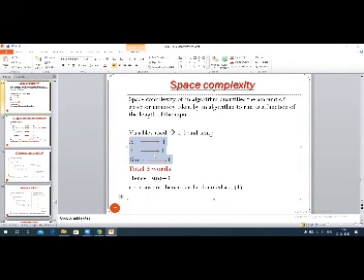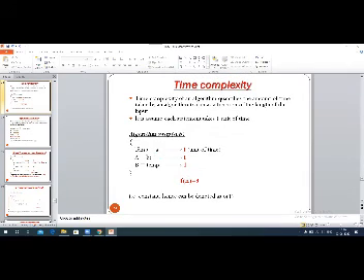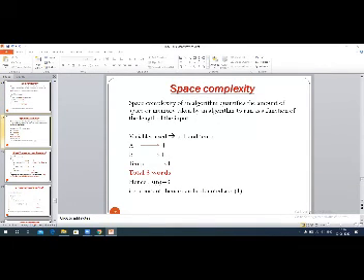That is the swapping function we had seen here. Here we are taking a temp variable, then a variable, and then b variable. So 3 variables we are using here. Considering that each variable is going to hold 1 unit of memory, 3 variables will hold 3 memory locations. So total 3 words.